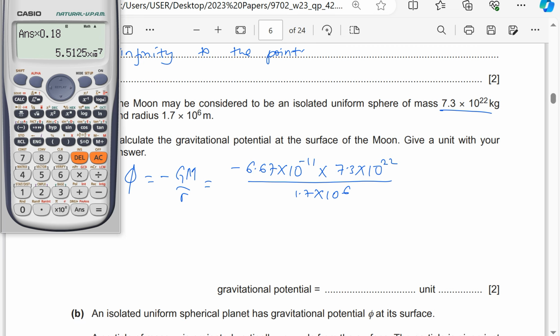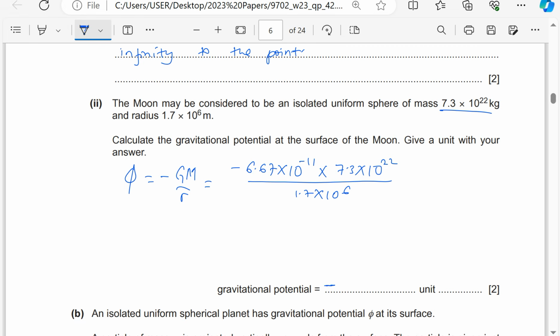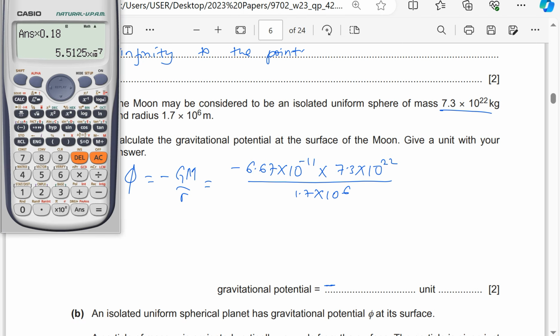So we shall press the calculator. Of course the answer is going to be negative. The negative is not optional for gravitational potential. So it is 6.67 exponent minus 11 times 7.3 exponent 22, then divide by 1.7 exponent 6.